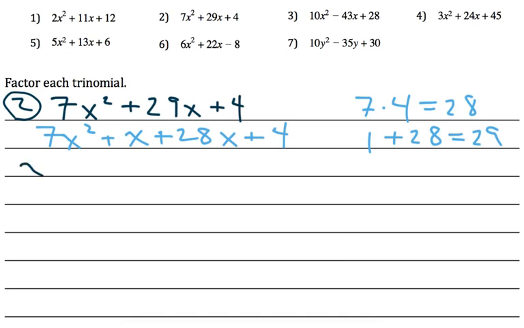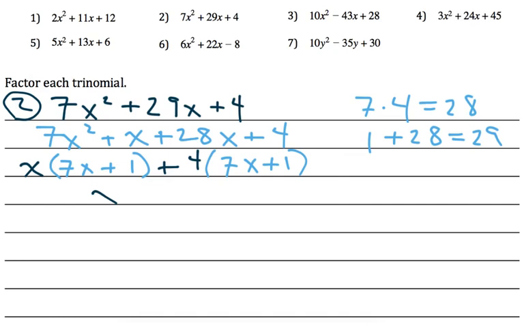From the left two terms, I can factor out an x, which will leave me with 7x plus 1. On the right side, I can factor out a 7, which will leave me with, oh dang it, I did it again. I can factor out a 4, which will leave me with 7x plus 1.